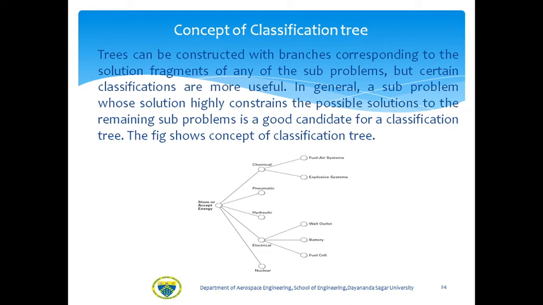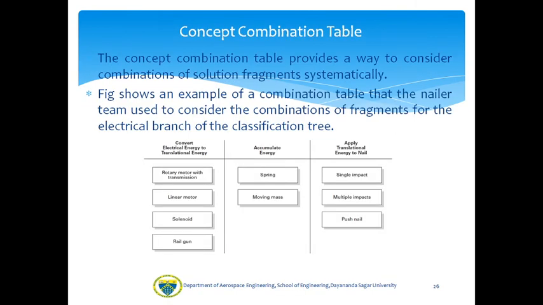Then you need to look at how to convert this into the other one, which is acceptable in my case. So there you need to look for some combination of the different concepts. So this is the combination table we say. Okay, this is another important tool for the systematic understanding of the ideas.